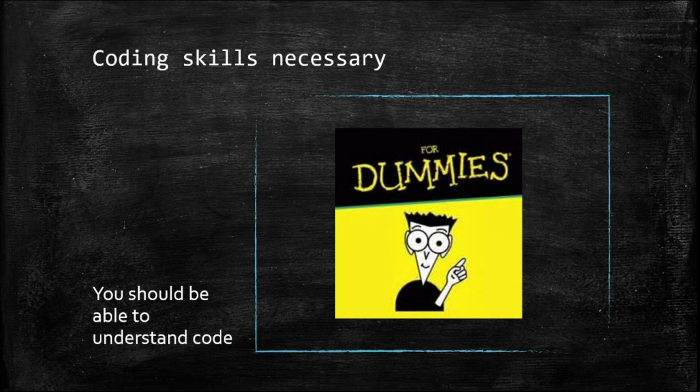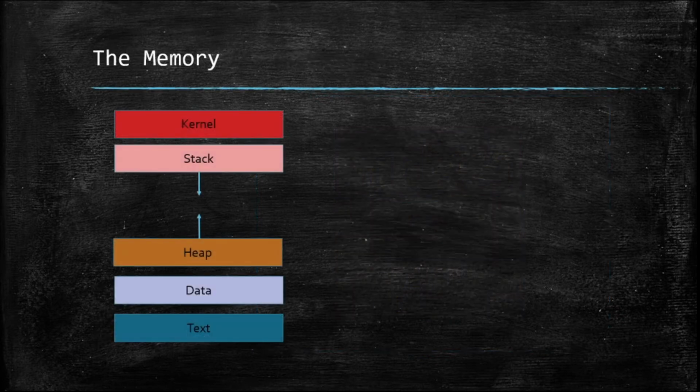Okay, so now, in simplistic terms, let's talk about the memory. Okay, now this is the memory. For you to understand buffer overflows, you have to know a little bit, just a little bit, about the internal workings of the CPU. Now, in the memory of an application, you have the kernel at the top, you have the stack, you have the heap, you have the data, you have the text.